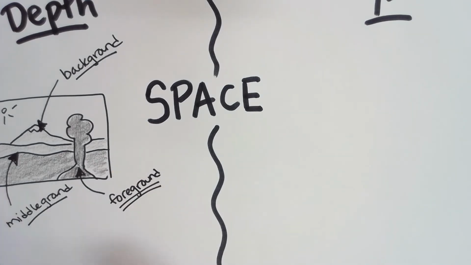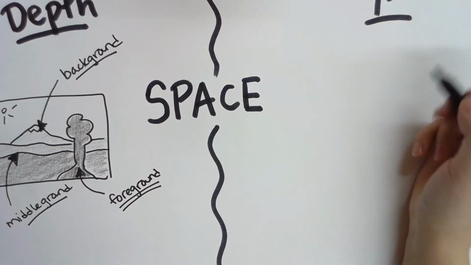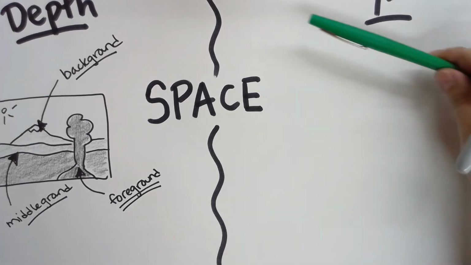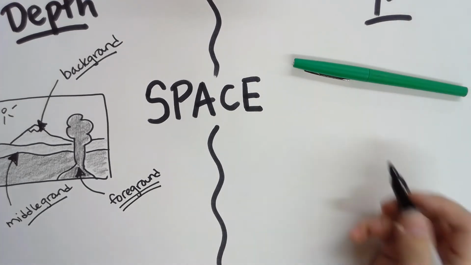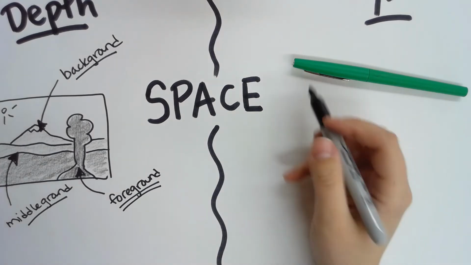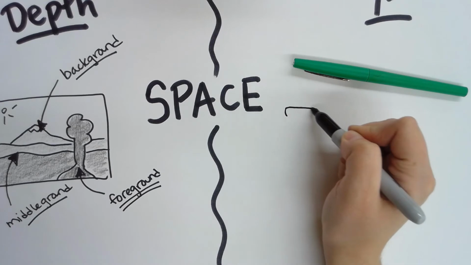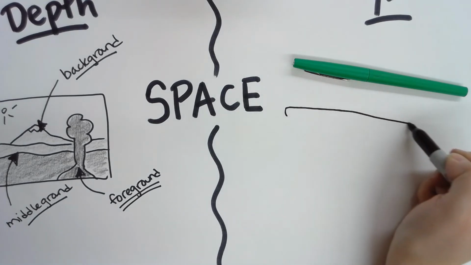So we also have something called positive and negative space, and that's a little bit different. For example, if I was to draw, well, let's just grab this pen, okay? If I was to draw this pen right here, if I was going to be drawing its positive space, the positive space is the pen itself, okay?